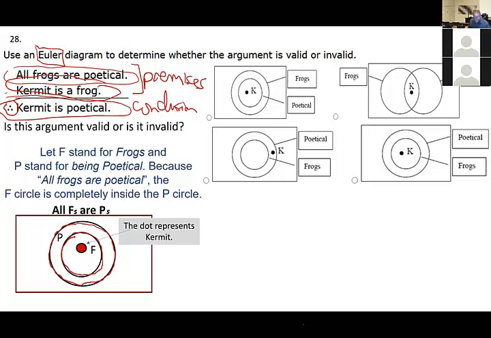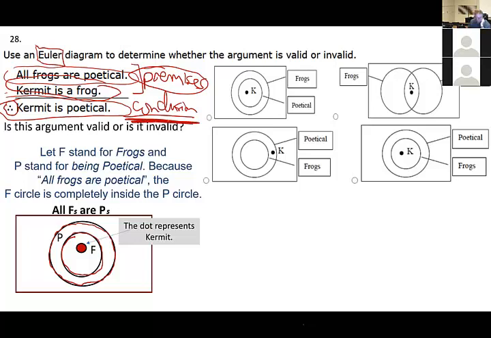If it had said Kermit is a dog, that red dot could be anywhere. But if you know that Kermit is a frog, then that red dot representing Kermit has to be inside the frog circle. So are you with me on the setup? I've taken both of the premises and I've turned them into an Euler diagram. Now I'm going to use that Euler diagram to see if the conclusion makes sense.